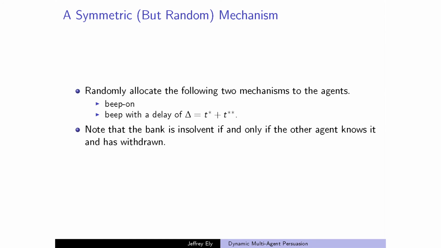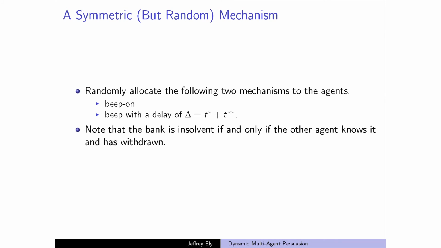The one drawback of the mechanism I described is I give a separate mechanism for agent 1 than agent 2, and the nice thing is it was deterministic. I'm going to show you a symmetric mechanism which is not deterministic, okay, where the runtimes are random, even as a function of the state change. Okay, and it works like this. And this is going to be something I'm going to build onto to develop a mechanism for many agents.